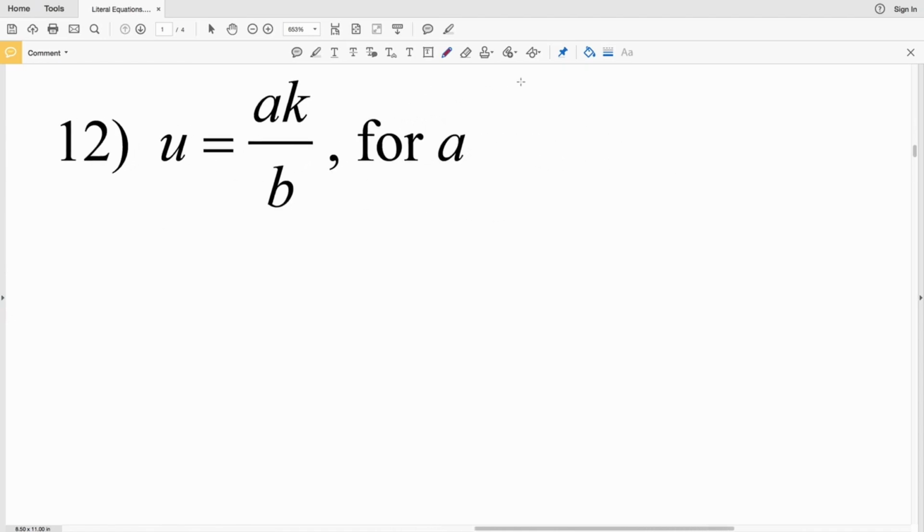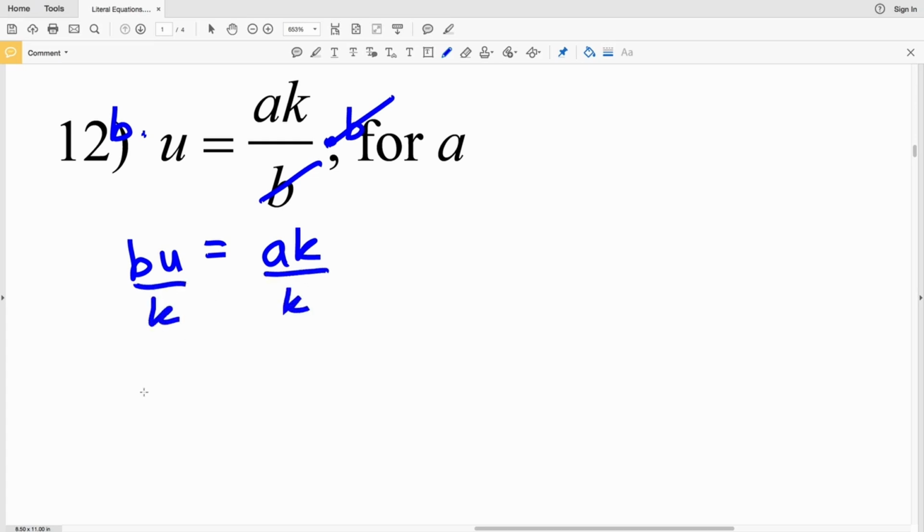In number 12, again, we're isolating the a. So our first step will be to multiply by b. When we multiply both sides by b, we'll get bu equal to a times k, since b divided by b is 1. Now, our last step is going to be to divide by k to get bu over k equal to a, since k divided by k is 1.